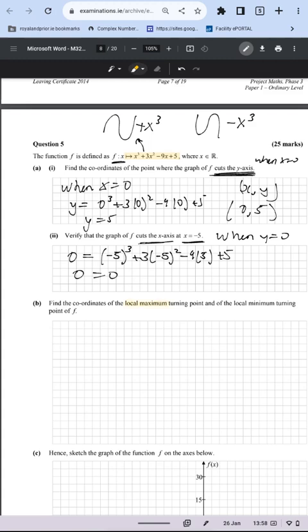Find the coordinates of the local maximum and the local minimum. Now once you see local maximum and local minimum, alarm bells are ringing. When you see that, dy dx is equal to 0. Maximum or minimum. Now, technically it's f dash x in this one. Makes no odds. You're going to diff it and let it equal to 0. So you diff that, multiply down by the power, reduce it by 1. Do your minus b.